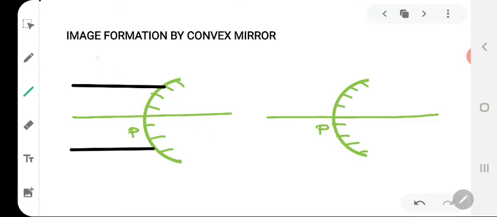So the reflected ray of light would be something like this. We should mark the arrowheads because it is the ray of light, and these rays of light will appear to come from the focus.